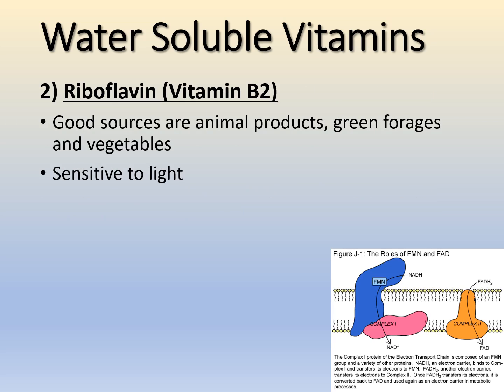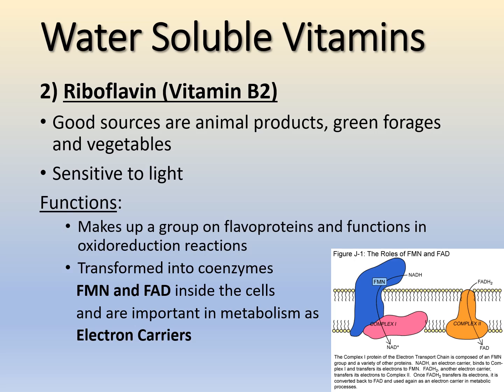So our next B vitamin is riboflavin, that's B2. Animal products, green forages, and vegetables are all good sources. It is sensitive to light, so it can be damaged as well, just like we were talking about damaging thiamine.